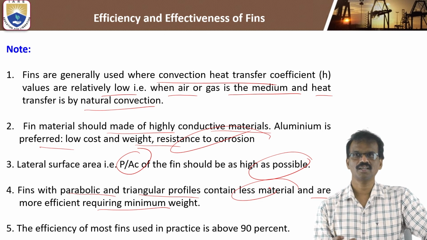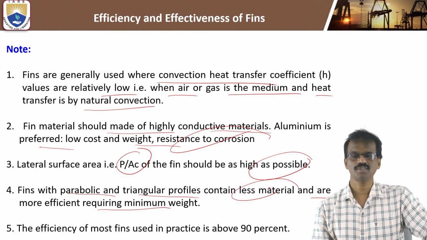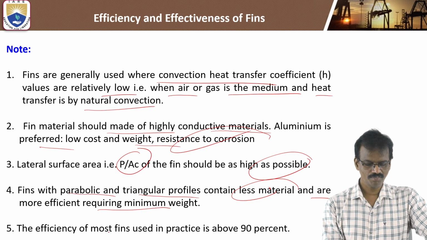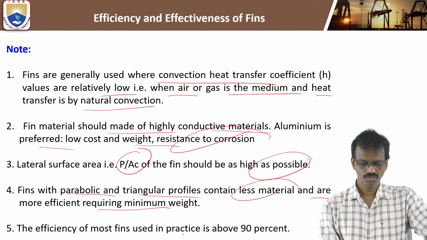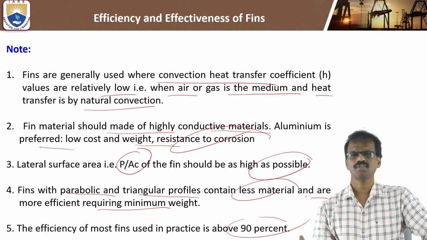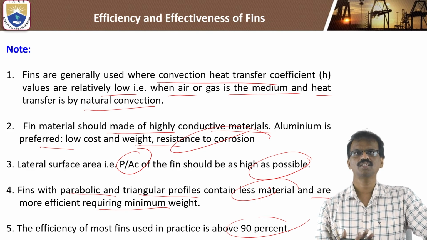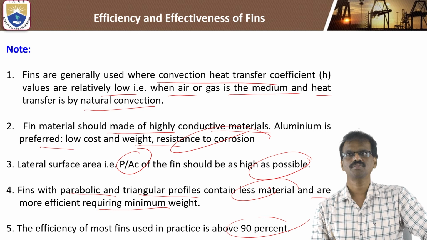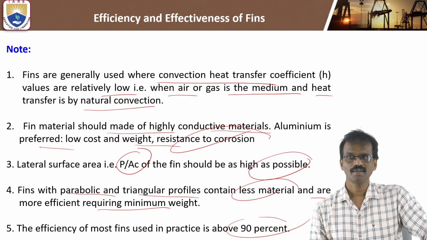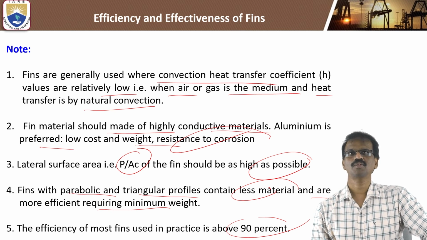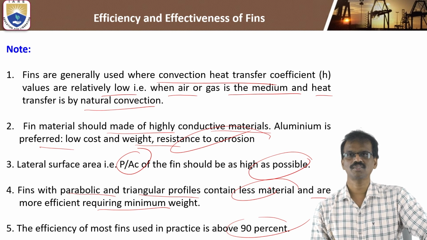Automatically, these enhance the rate of heat transfer. With the efficiency of most fins used in practice, about 90% of the heat transfer rate can be increased with the help of fins. The details about the fins are very useful for the enhancement of heat transfer.